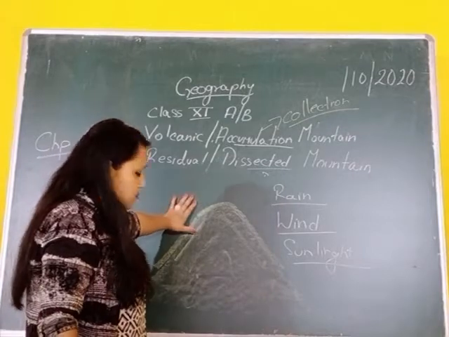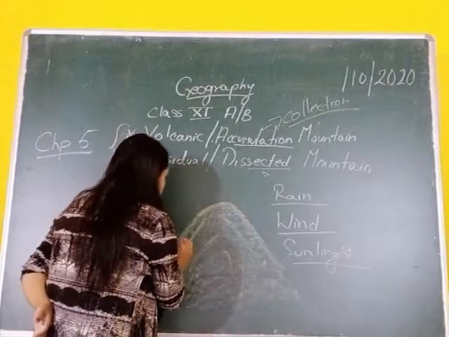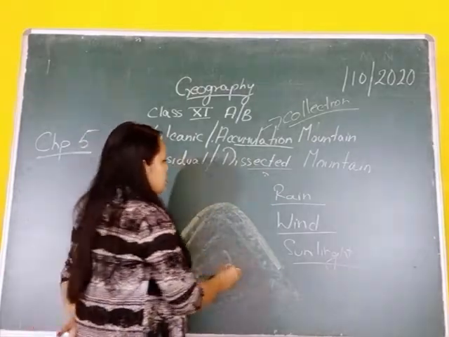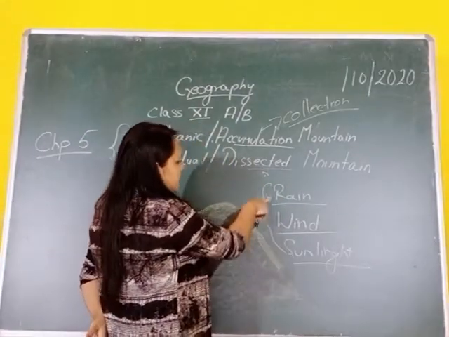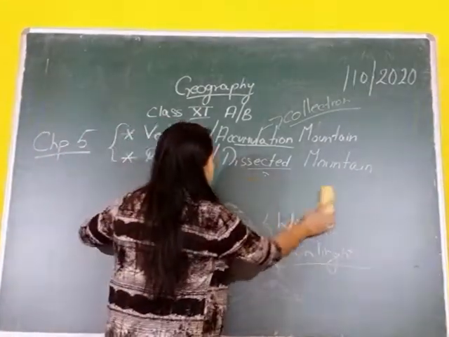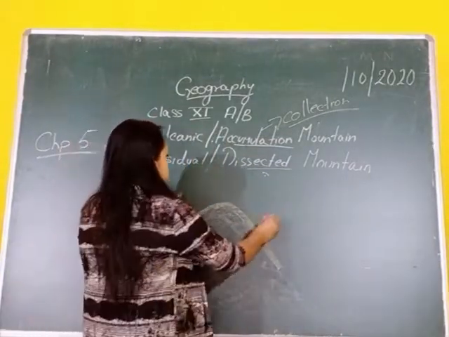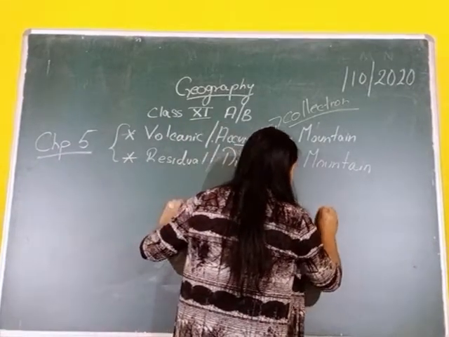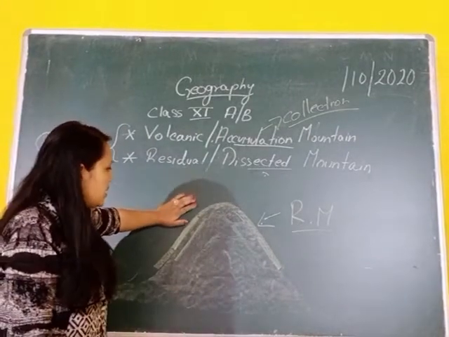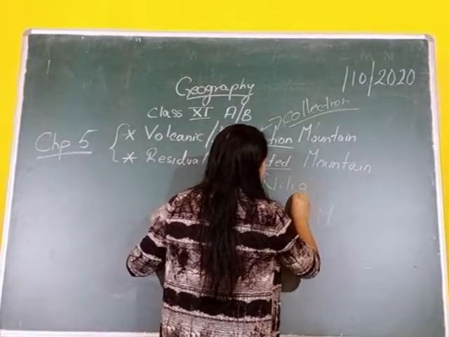So now after losing its initial height, the hard rocks are exposed, and these hard rocks are not easily eroded by these factors. So the final or residual part, that means what is remaining, is known as the residual mountain.